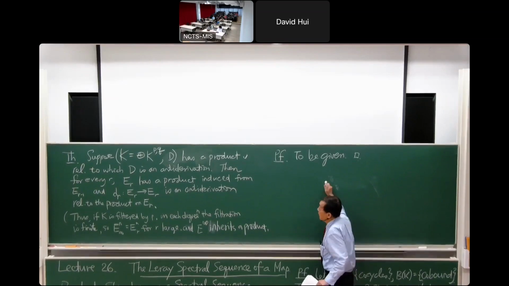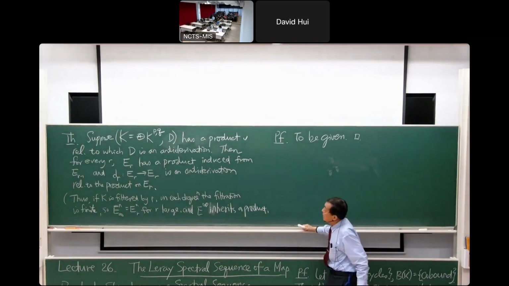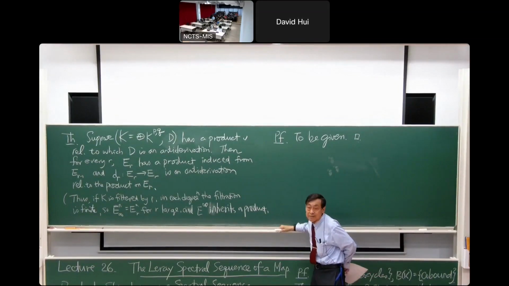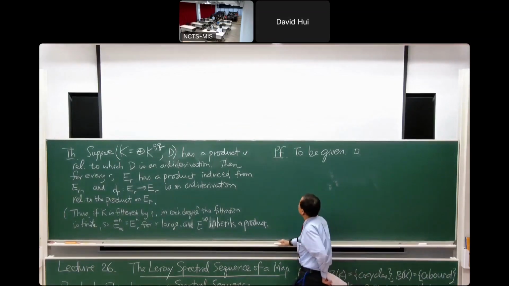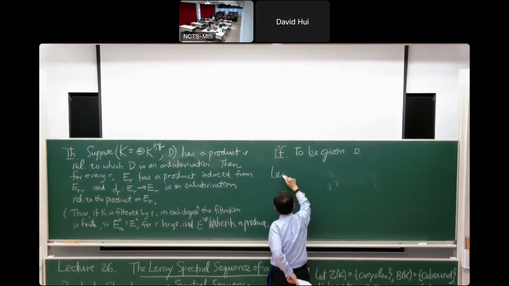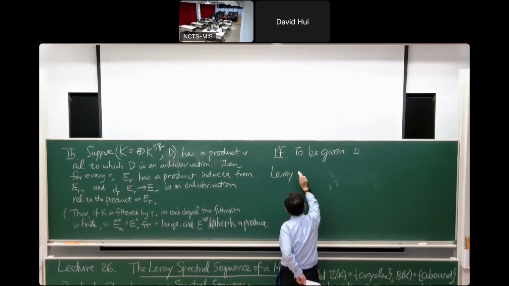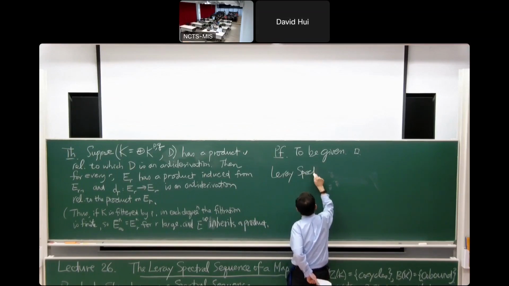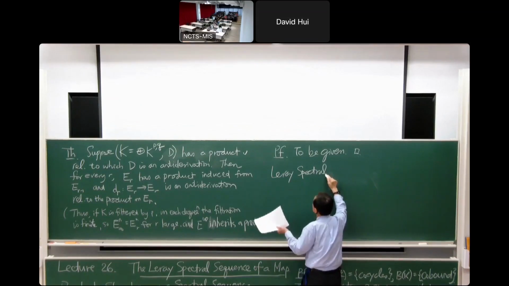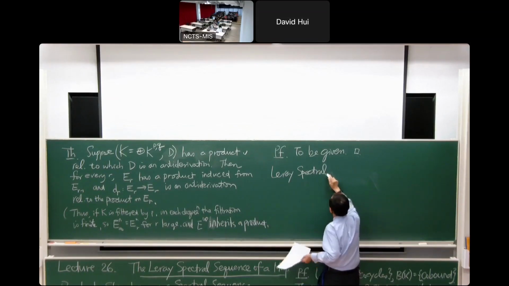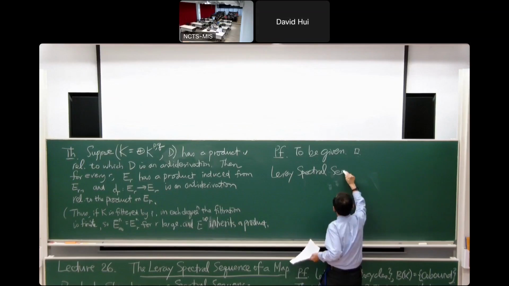Okay, so now let's apply the Leray spectral sequence to a map. When we apply the spectral sequence to a map, that's called the Leray spectral sequence.